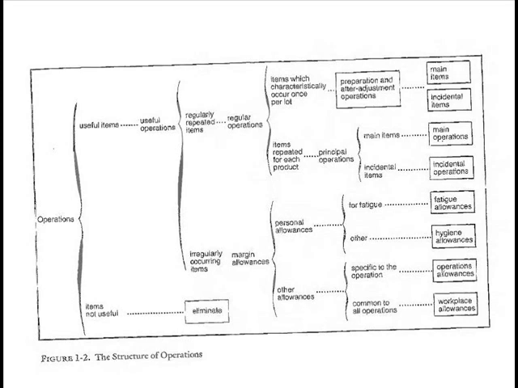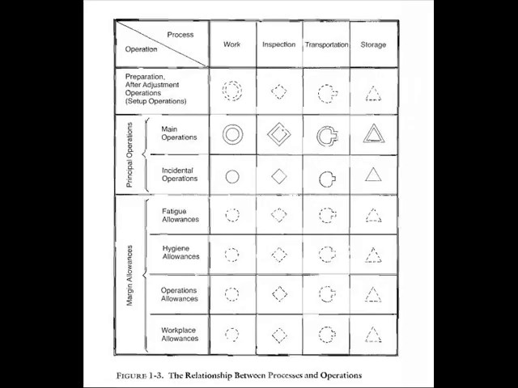Figure 1-2. The relationship between processes and operations. Each phase of the manufacturing process, work, inspection, transportation, and storage, has a corresponding operation. That is, there are work operations, inspection operations, transportation operations, and storage operations, Figure 1-3.